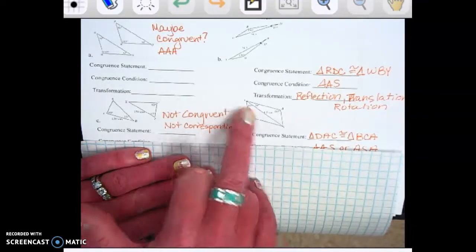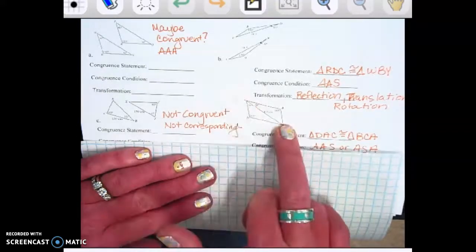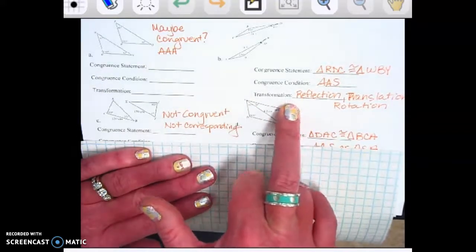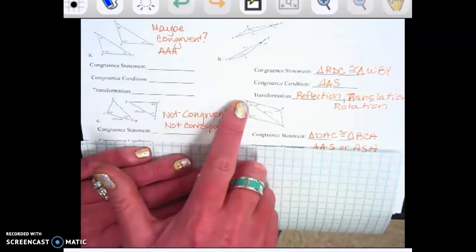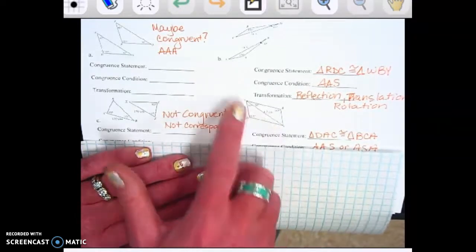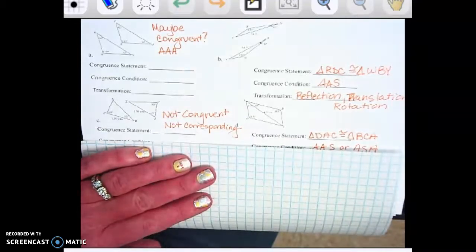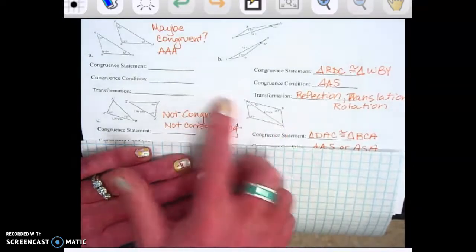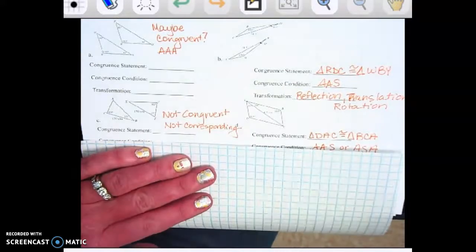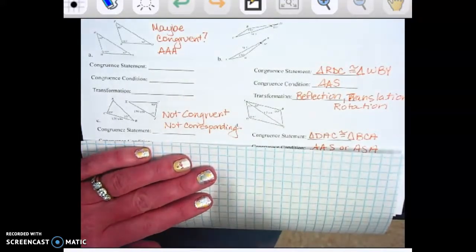If it's one measure for this triangle, it's that same measure for this triangle. And so we say that side AC is congruent to side AC. AC equals AC. That's like saying 8 equals 8. Does 8 equal 8? Yeah. So AC is congruent to AC. So we already have one side that's the same measure.